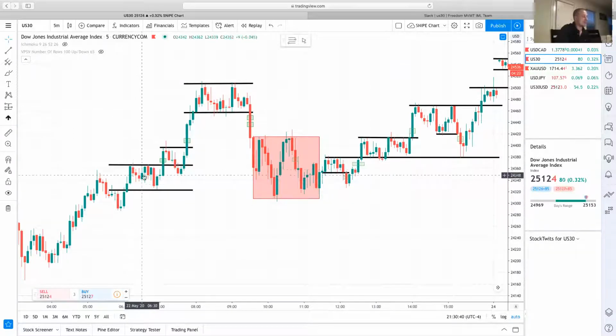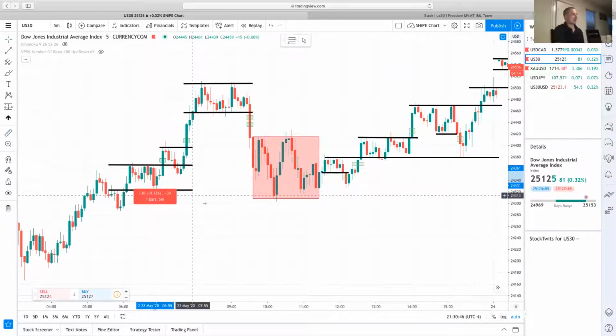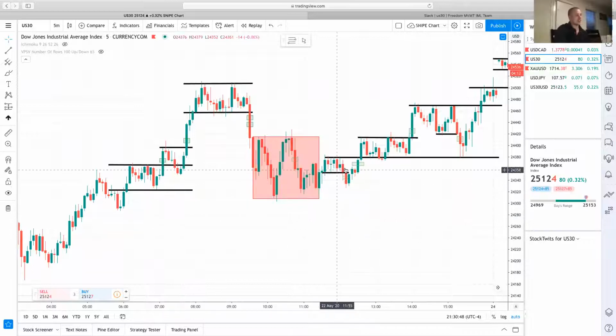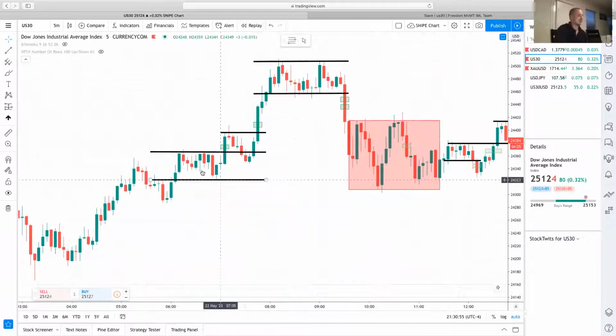You still have big, healthy candles. These are pretty healthy candles, I would say. That's a 30 pip candle, right? Consolidation is going to vary on size, the way that it's going to range. But I'm looking for these clean consolidation wicks real close in a line right here.